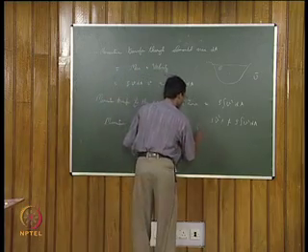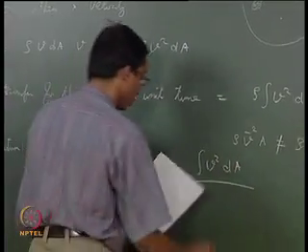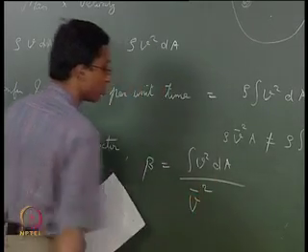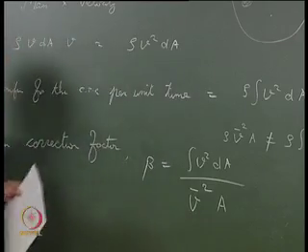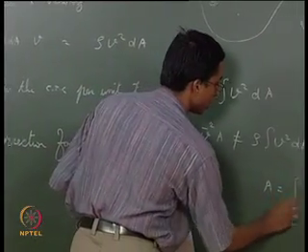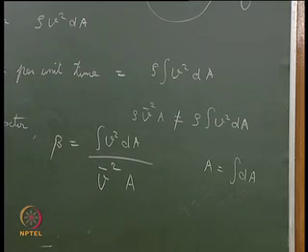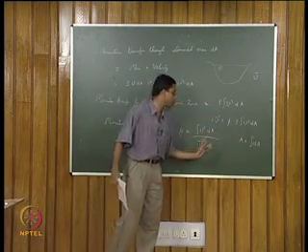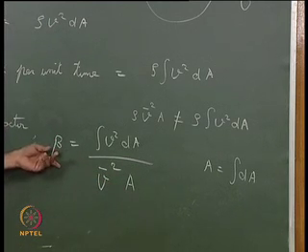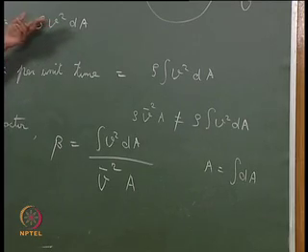So, beta is nothing but integral of v square dA divided by average velocity squared into A, where A is nothing but integral of dA. Whenever you do momentum transfer analysis, if you are using average velocity, then you need to incorporate the momentum correction factor in the average velocity term while computing the momentum transfer.